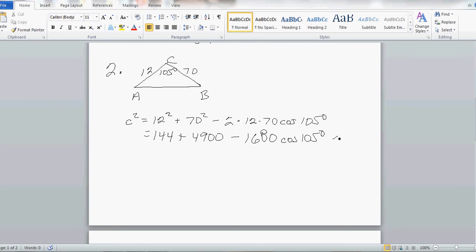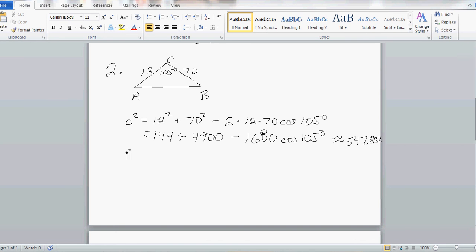And so C squared will equal approximately 5,478.82.